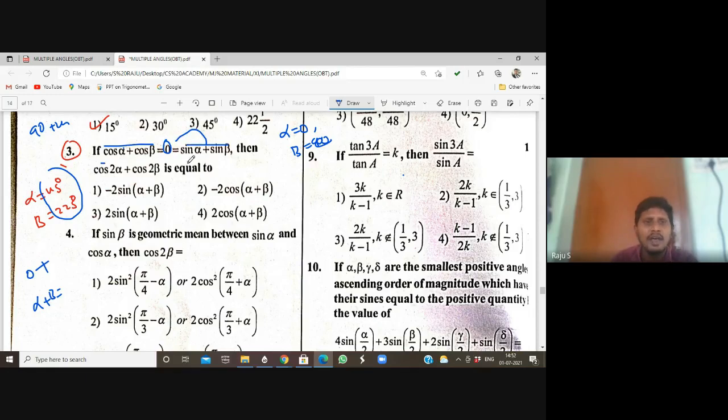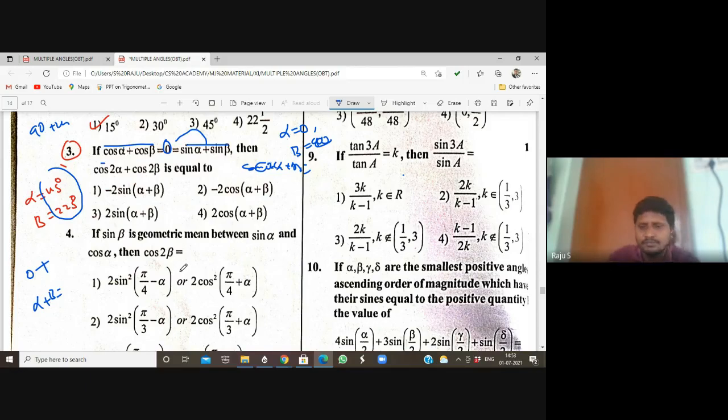Squaring and adding, we'll get cos of alpha plus beta, something like that. That is the general procedure, squaring and adding, to get cos of alpha plus beta. It is the same as the previous question. So like that we'll get it.